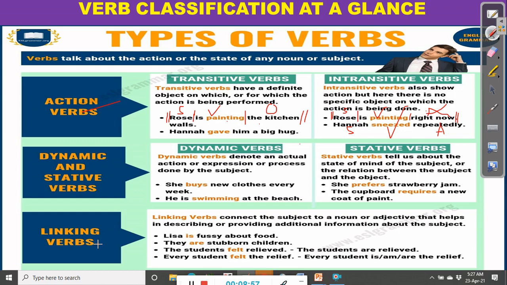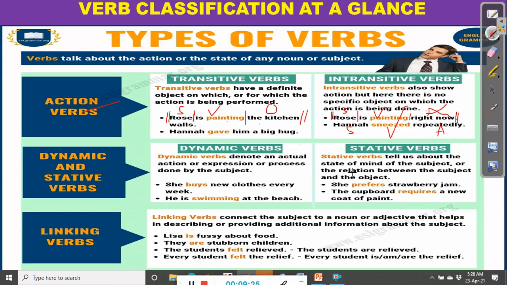All right, so dynamic verbs refer to verbs that express actual action or actions that are progressive, that we can look at the process. They denote an actual action or expression or process done by the subjects.